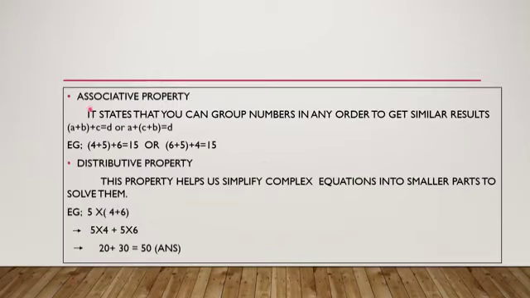Our next property is the associative property, and it states that whether we group different numbers in any order, our answer remains the same. For example, suppose we have three numbers A, B and C. If you see the equation properly, I have grouped A plus B within the brackets, plus C. The answer that I'm getting is D. Because all are positive numbers, I can arrange them in any order.